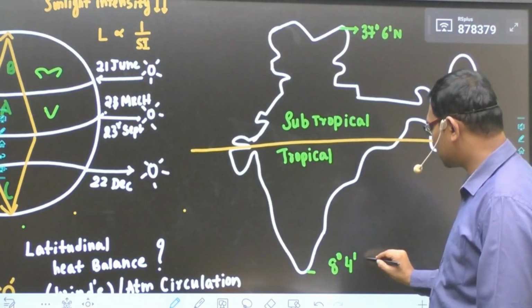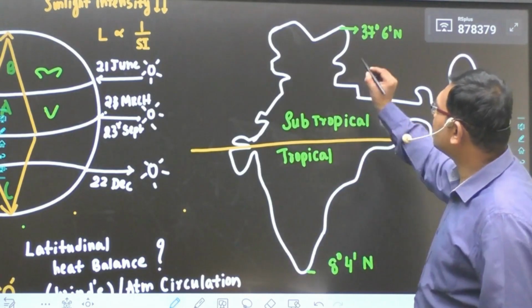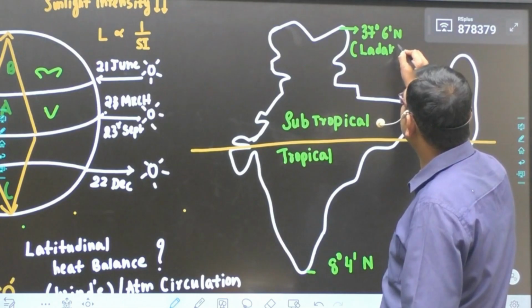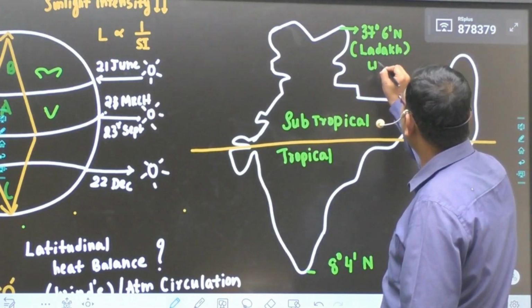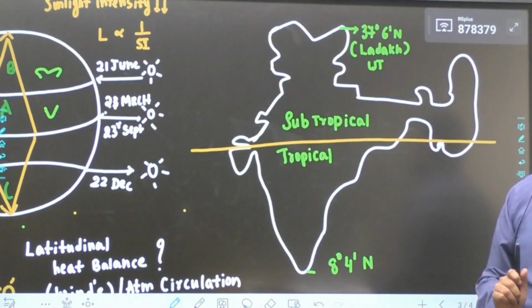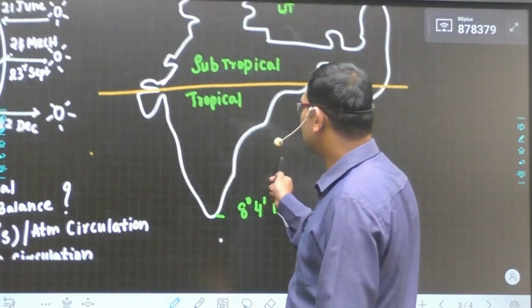This is the Ladakh point. This falls under the Ladakh Union Territory. Am I right? So you see here, listen.